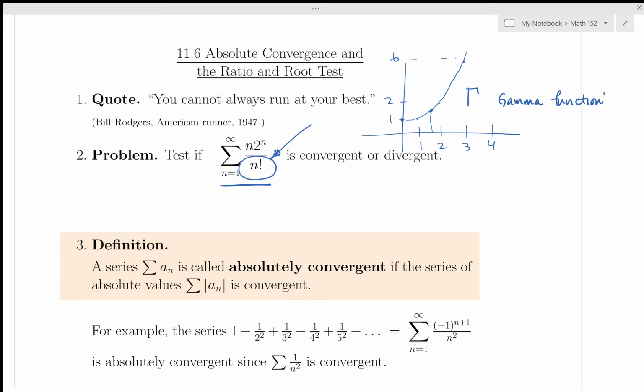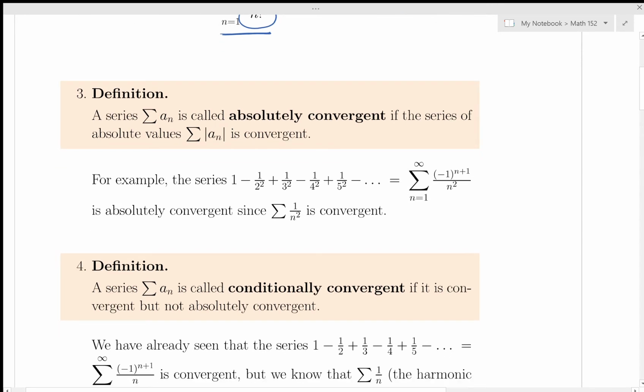Okay, let's get some definitions down. Here we've got a series, and we call the series absolutely convergent if the absolute value of the terms converges. So if we make them all positive and it converges, we call that absolutely convergent.